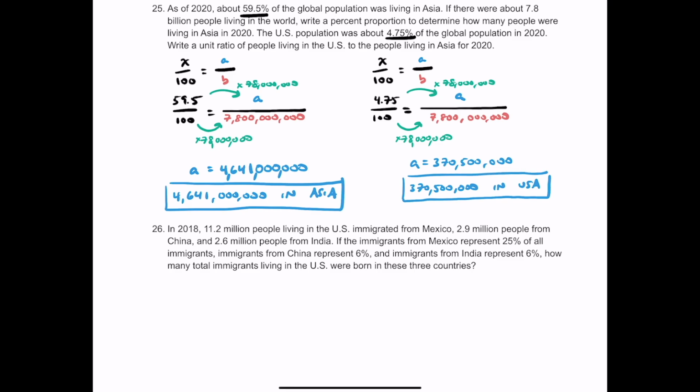So including Canada, right? Says write a unit ratio. Okay, one final thing, write a unit ratio of the people living in the US to the people living in Asia for 2020. So unit ratio, that means we need to be per one. People in the US to the people living in Asia.